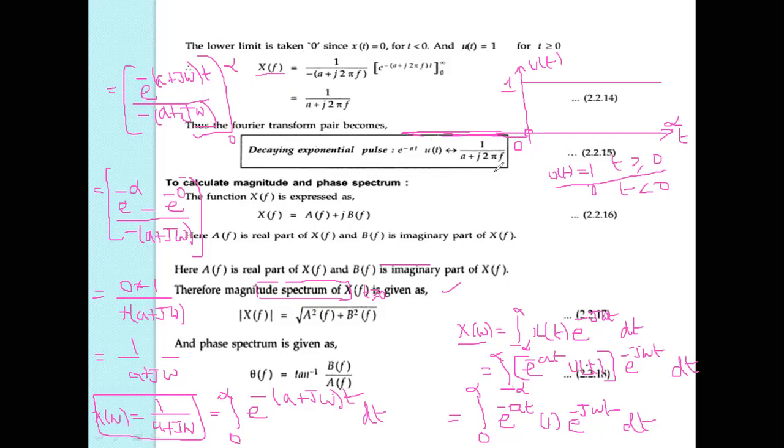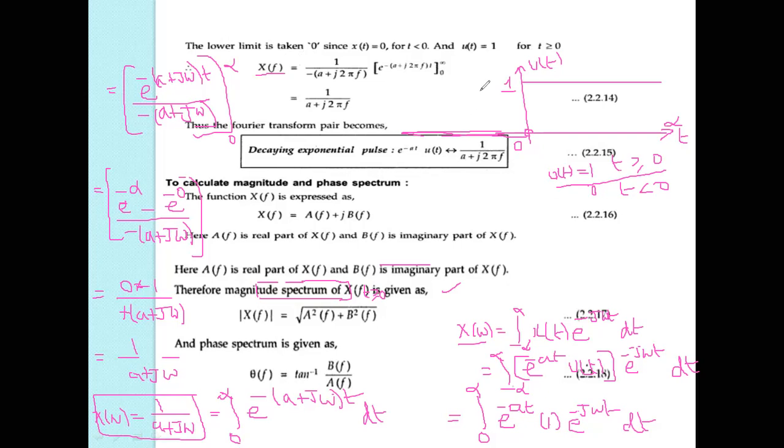What is the Fourier transformation? We got 1 by a plus j omega. Substitute omega as 2 pi f, both are the same. X of f is equal to 1 by a plus j 2 pi f, for the decaying exponential pulse e power minus at u of t.